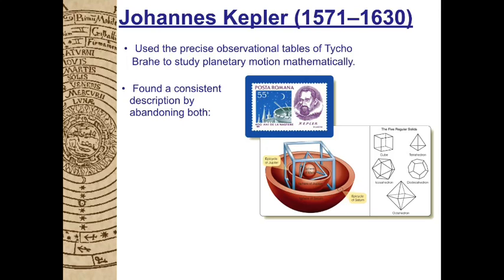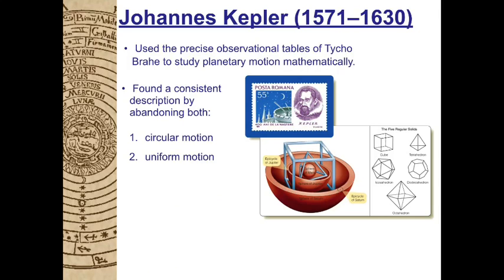What happened? Kepler then used all of this observational data to help further the model. And what he found is that one, the motion is not circular.